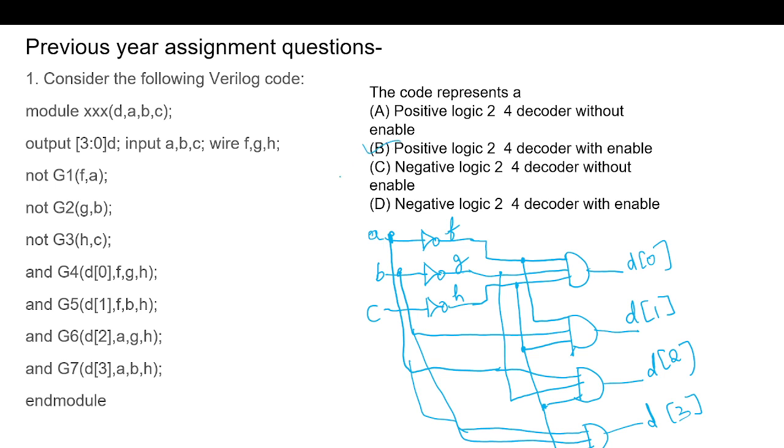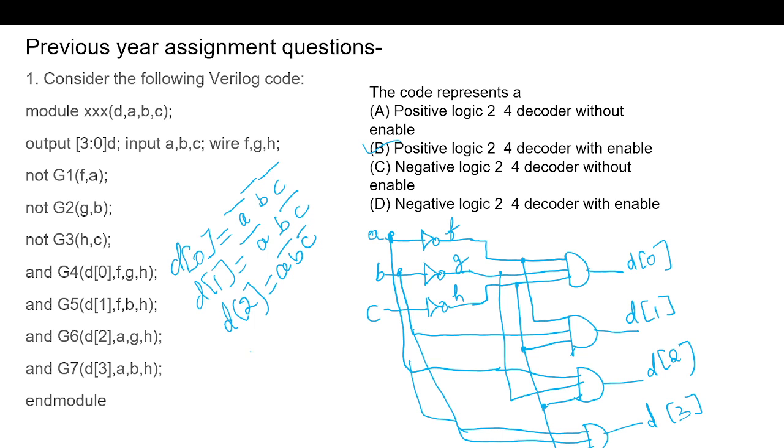B. Okay, now if we write the equations, maybe we can get a clearer picture. D0 is A bar, B bar, C bar; D1 is A bar, B, C bar; D2 is A, B bar, C bar; D3 is A, B, C bar.